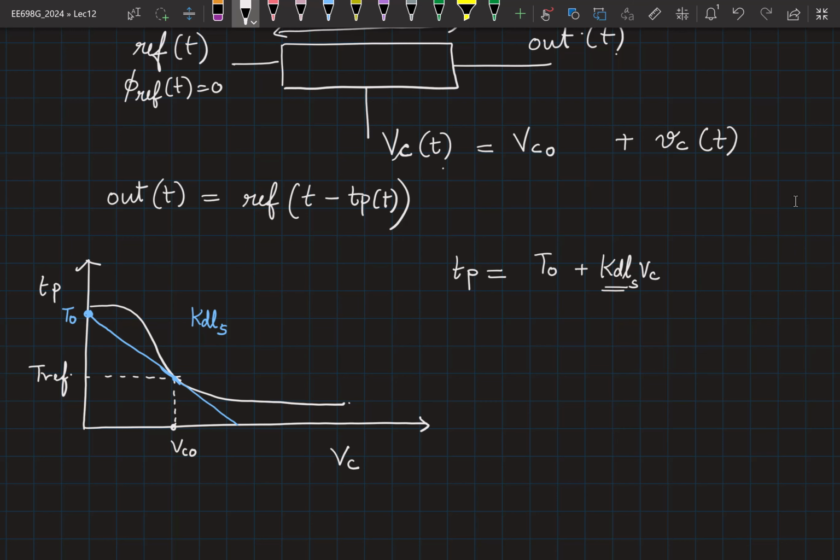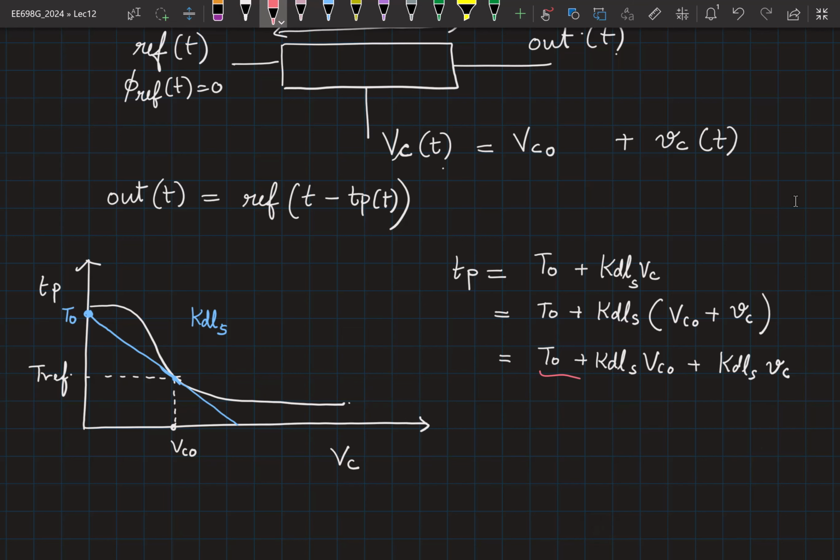So KDL S. So far okay? So now I can write it as T naught plus KDLS. I'm going to split this into the operating point plus the small signal VC. So this is equal to T naught plus KDLS into VC naught plus KDLS into VC. Can you tell me what this parameter is?